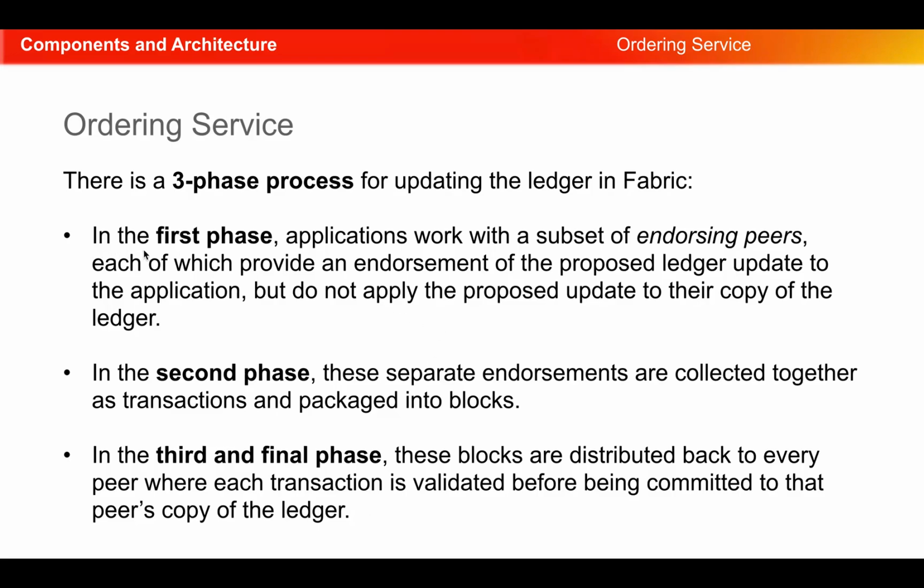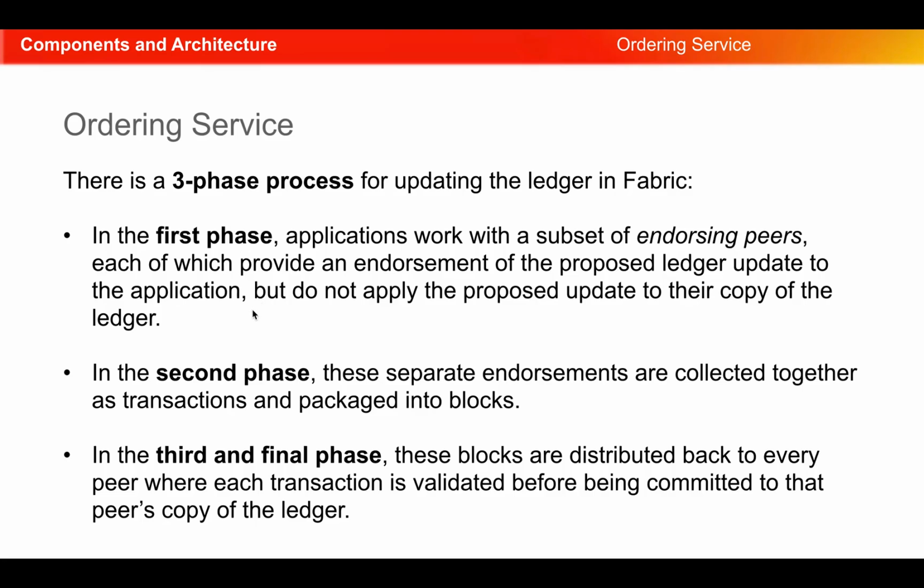Now, let us see the phases. In the first phase, applications work with a subset of endorsing peers, each of which provides an endorsement of the proposed ledger update to the application, but does not apply the proposed update to its copy of the ledger.